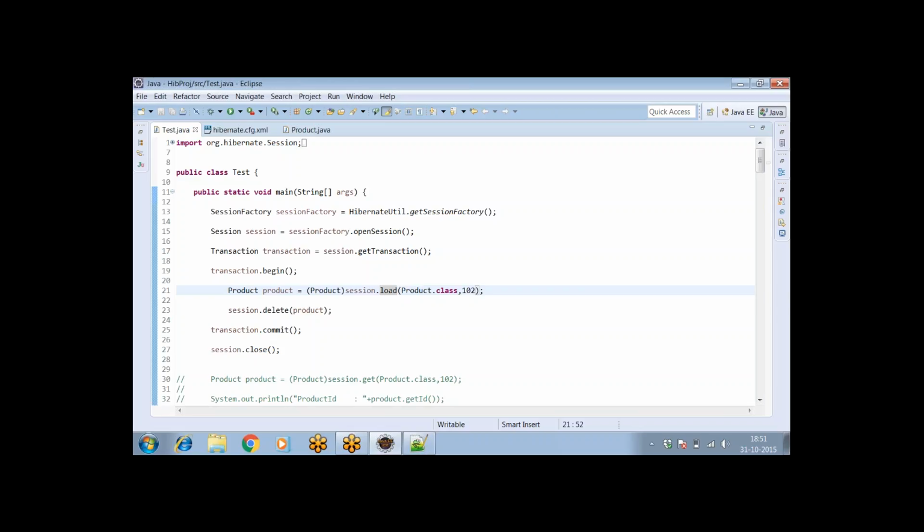Then what it does, whenever you call the load method, it simply creates an object of that particular type.